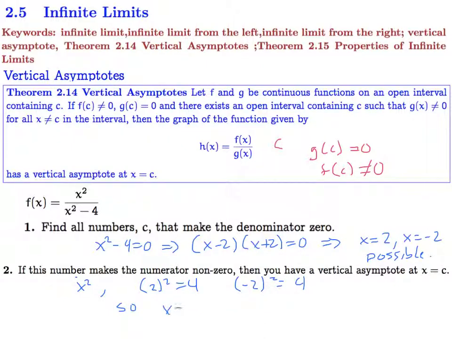So this means x equals 2 and x equals negative 2 are going to be vertical asymptotes, often abbreviated by VA. So it doesn't seem so bad. It's a nice quick way to check if we have vertical asymptotes. They cause basically divide by 0 problems, but it's not a 0 in the numerator. So while this seems pretty easy, let's try a few more examples to see what could happen.